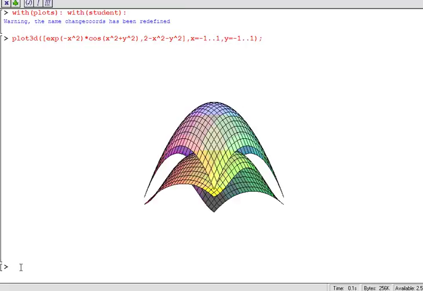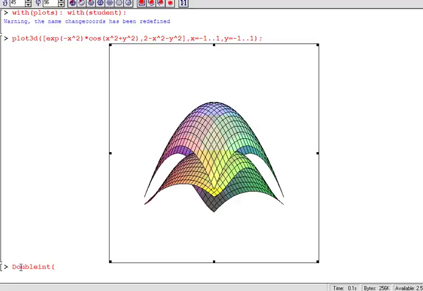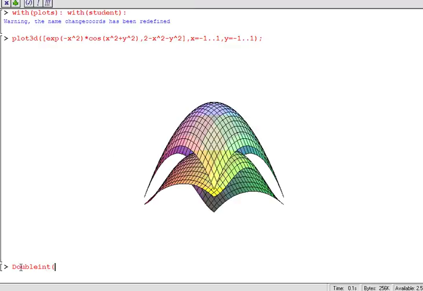Okay, so let's try a double integral. And instead of writing all this again, I'm just going to copy it. So actually the e is on the bottom, it is the bottom function.